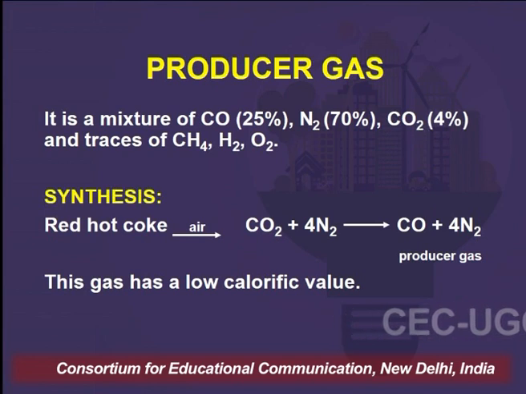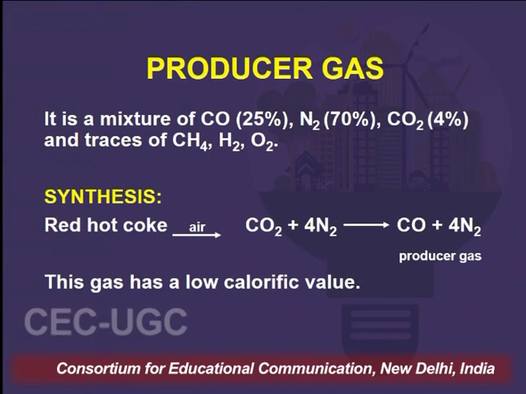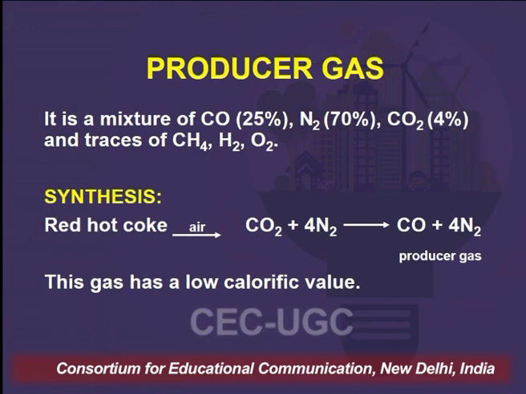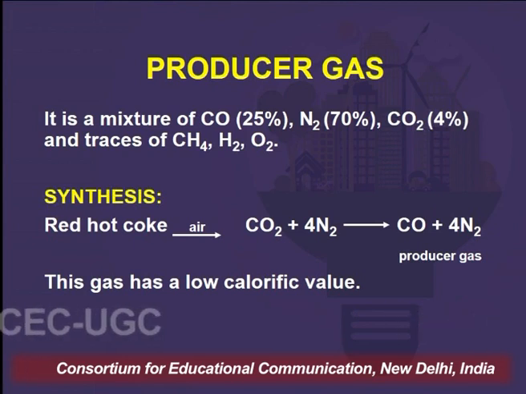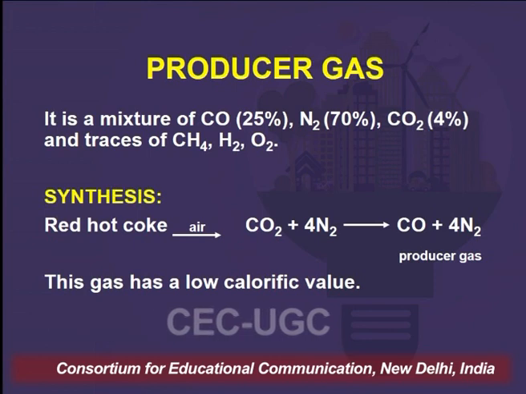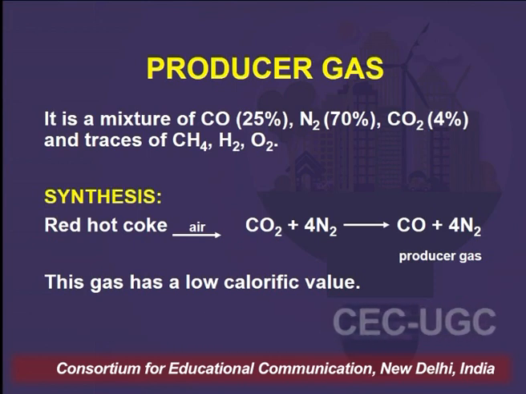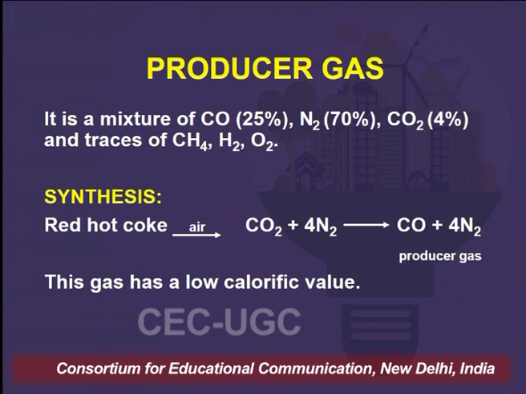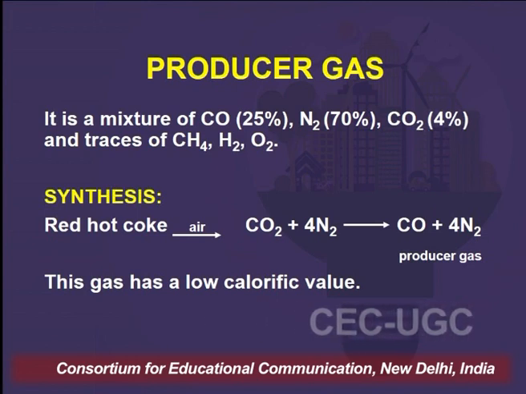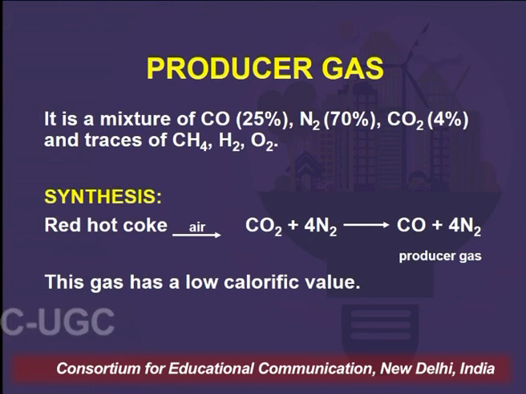The red hot coke in the presence of air forms carbon dioxide and nitrogen, which ultimately leads to the formation of carbon monoxide. So, carbon dioxide gets reduced ultimately to carbon monoxide and 4 moles of nitrogen along with it, and this mixture of carbon monoxide and nitrogen is the producer gas. This gas has a comparatively lower calorific value.